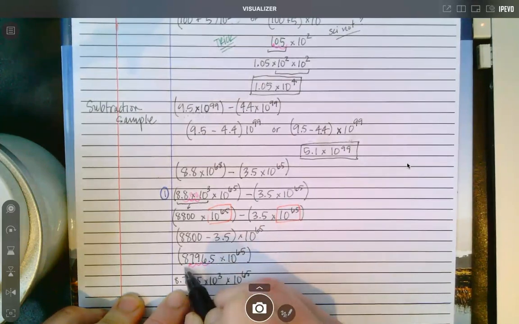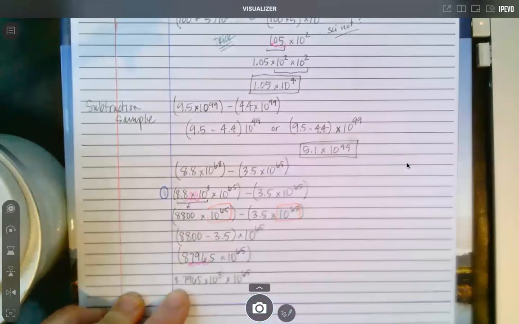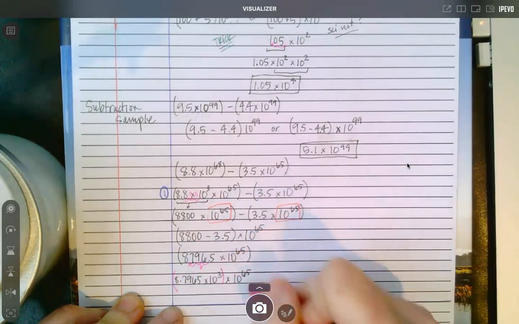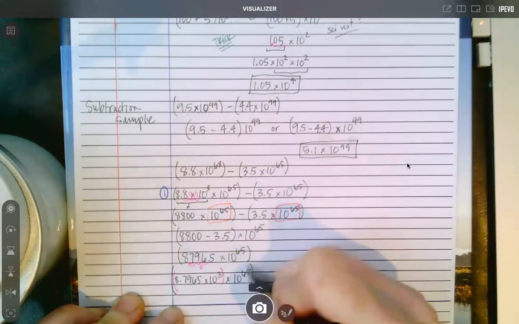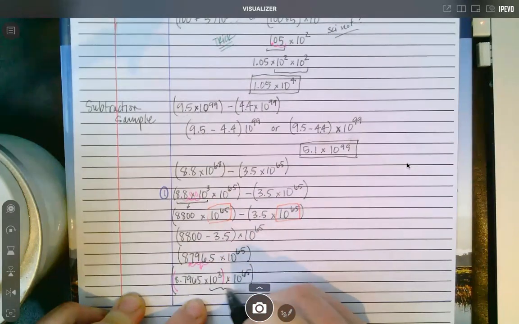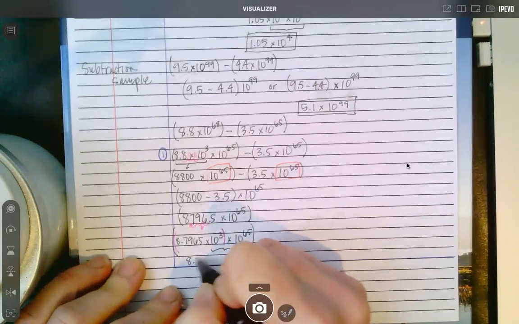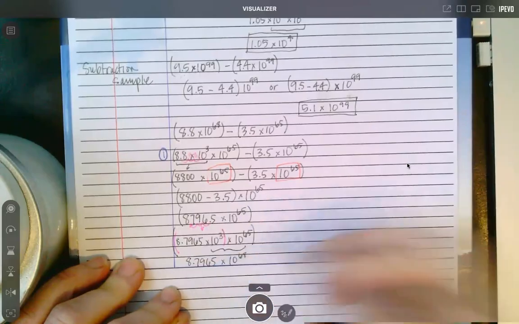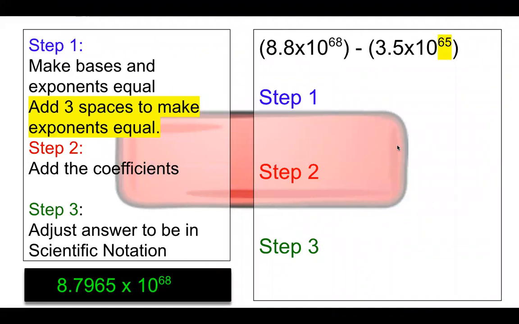What I want you to see is that I'm just writing this coefficient in scientific notation and including the whole big thing. You can't just drop this off, right? But now I can combine these bases and I get 8.7965 times 10 to the 68th. Check my answer. Boom. Got it.